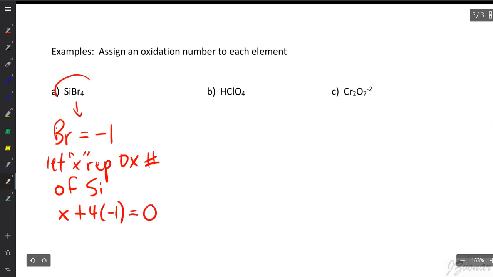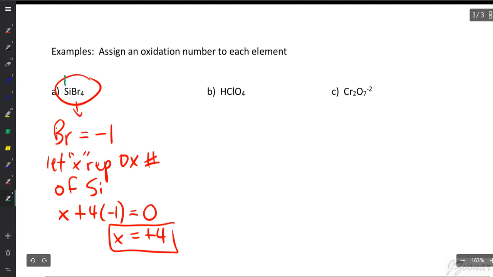The reason for that is because this is a compound, all right? So it's going to be 0. So if I solve for X, it's going to give me an answer of +4. All right, so therefore silicon has a charge of +4 and bromine is a charge of -1.